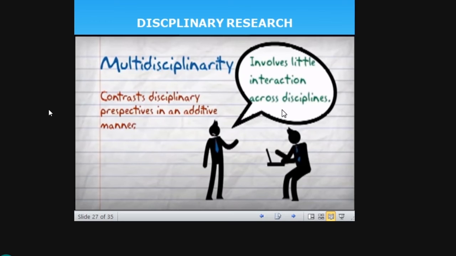That is multidisciplinary. I will explain this with a specific example in a later slide. There will be no or little interaction between the disciplines.